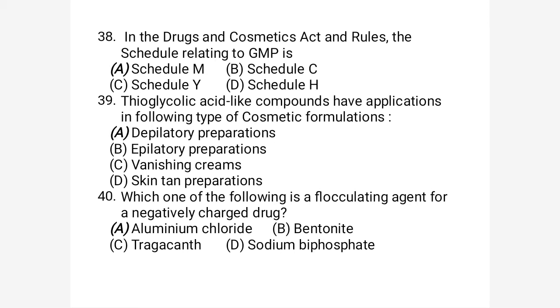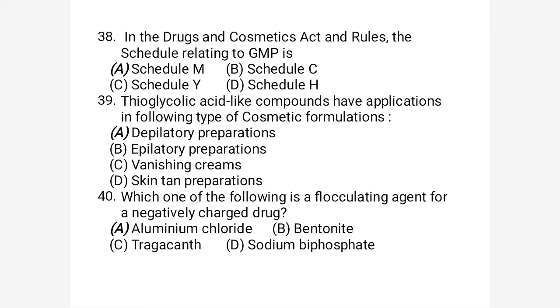Next, and today's last question is 40. Which one of the following is a flocculating agent for a negatively charged drug? Negatively charged drug means any drug having a negative charge. So which types of flocculating agents can we use for a negatively charged compound? The charge is negative, so we have to add a positively charged component.